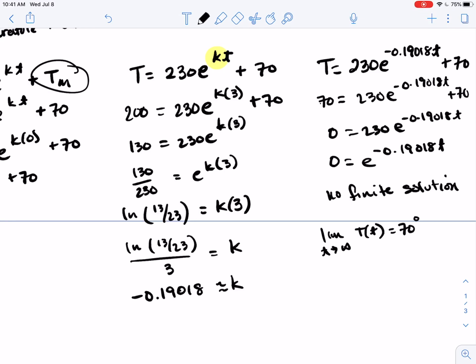But in this situation, the model itself isn't really realistic in the sense that it would eventually go to the room temperature that you want. But when you're solving an equation like this, you can't have that. Now, having said that, you could find out when it is going to be 80 degrees, and you would get a time because it wouldn't wind up with that no finite solution, and you would have this notation here. Okay, so that's 3-1.